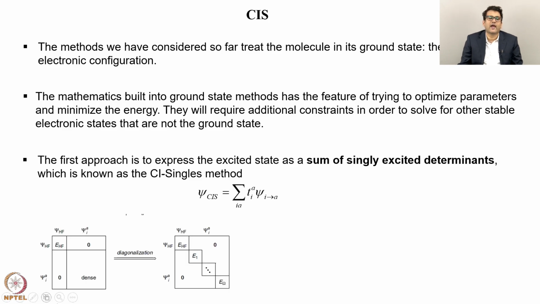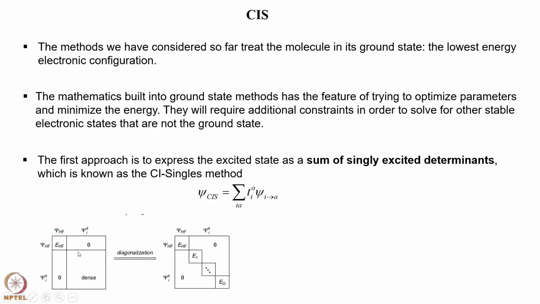And so, if I think of the Hamiltonian matrix elements, so this is Hartree-Fock, this is singly excited configuration, all the possible singly excited configurations, and if I consider the matrix element, of course, because of Brillouin's theorem, there is no coupling between the singly excited configurations and the ground state Hartree-Fock configuration.